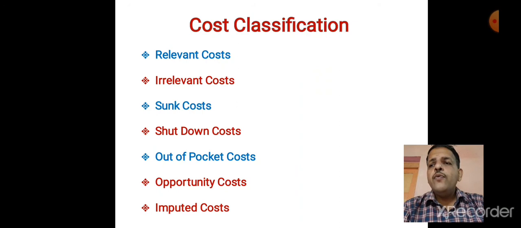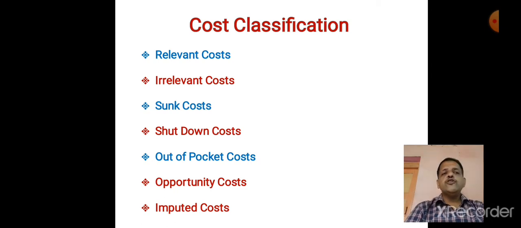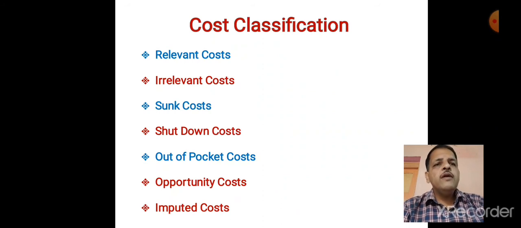Whenever we show interest on our own capital, or notional rent on our own building, neither do we have to pay interest on capital nor rent for our own building. So they are notional; we never have to pay cash for them. Such costs are known as imputed costs.